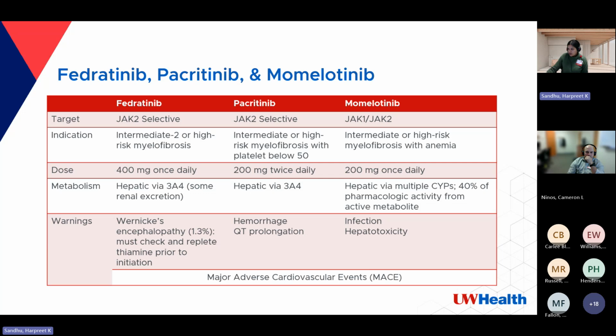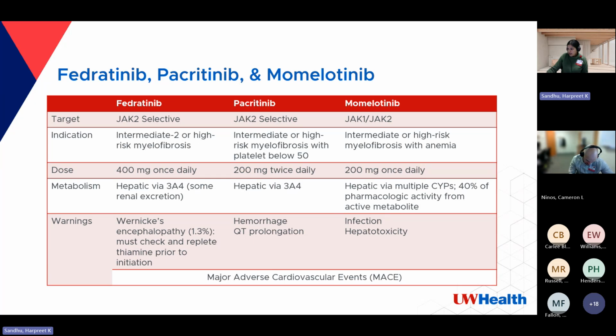For pacritinib, this is also JAK2 selective, used in myelofibrosis, but specifically in patients with platelets less than 50. This one is dosed twice a day. Some warnings that it carries are hemorrhage and QT prolongation. And for momelotinib, this one targets both JAK1 and JAK2, similar to ruxolitinib, used again in myelofibrosis, but specifically in patients with anemia.